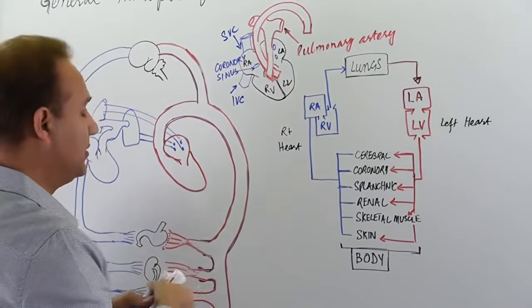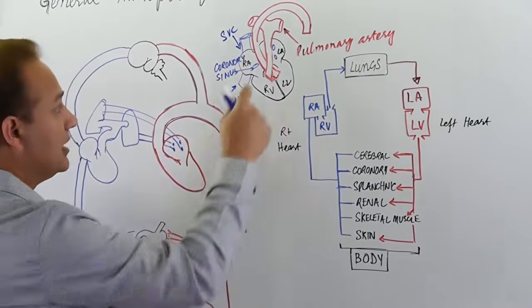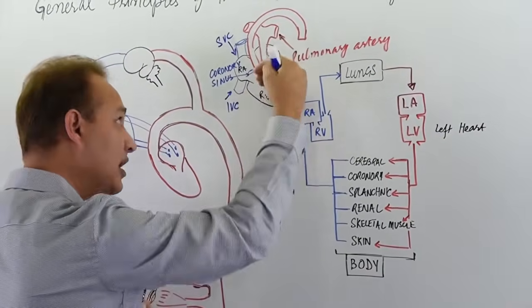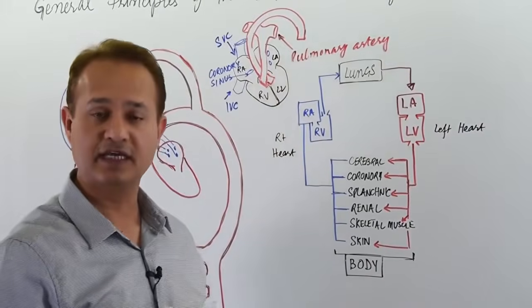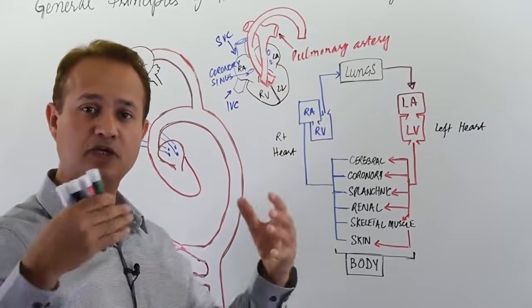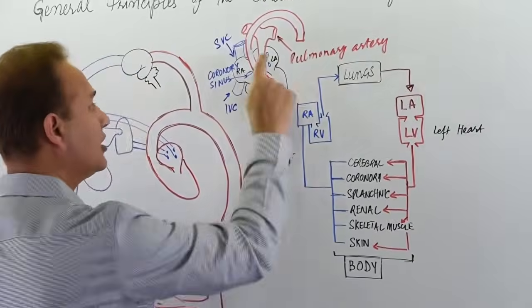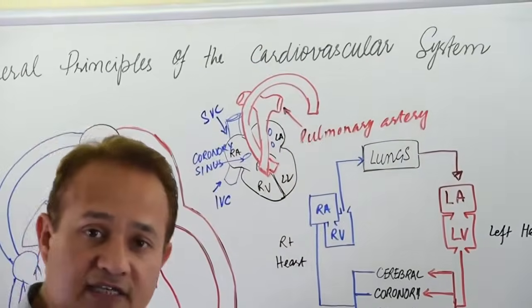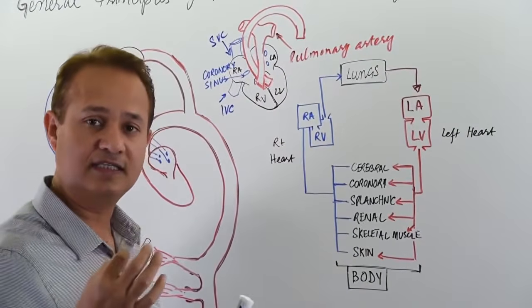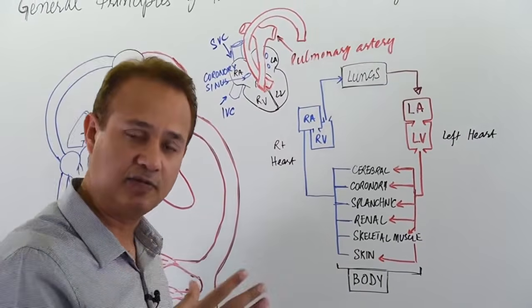The left side has left atrium, left ventricle. The blood comes in through pulmonary veins, and the definition of veins is all the blood vessels that bring blood to the heart. So pulmonary veins bring oxygenated blood to the heart. These are veins. It is not necessary that vein has deoxygenated blood.